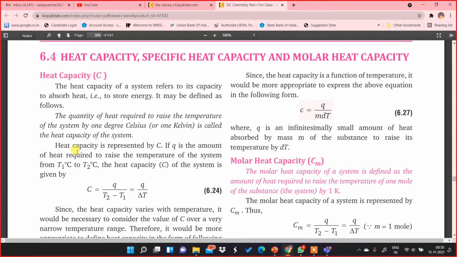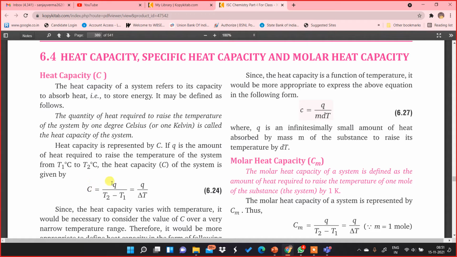Now, in this chapter, the heat capacity is represented by capital C. If you consider small q as the amount of heat required to raise the temperature of a system from T1 degree Celsius to T2 degree Celsius, then you can make a formula. Heat capacity is equal to q, the quantity of heat required to raise the temperature of a substance from T1 to T2.